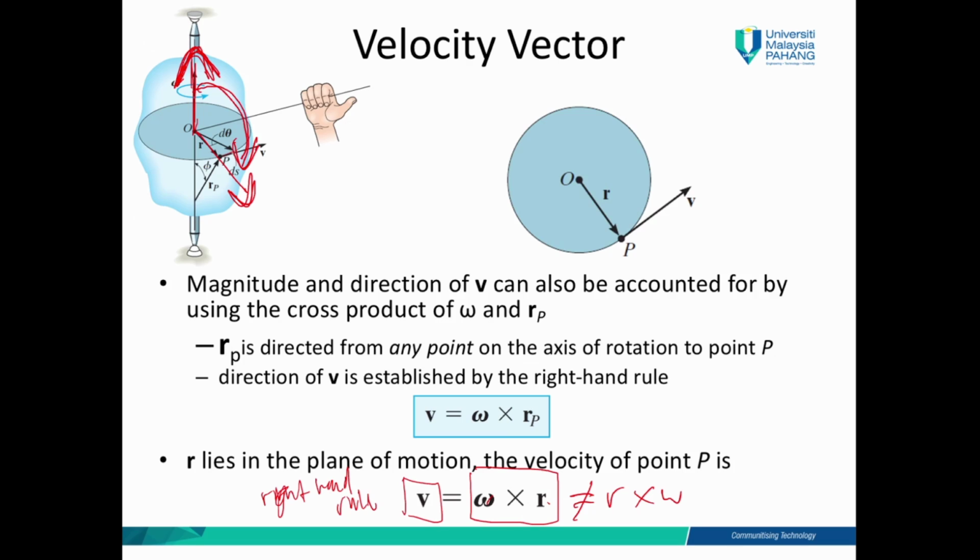So where will your thumb be pointing to? Your thumb will be pointing to this direction. So the direction of v is actually tangential, which is correct, like what we did before.